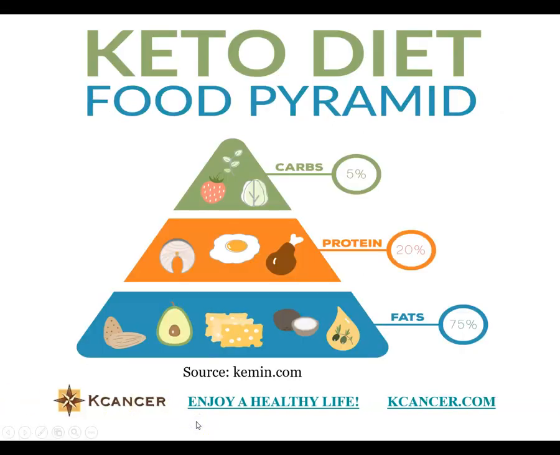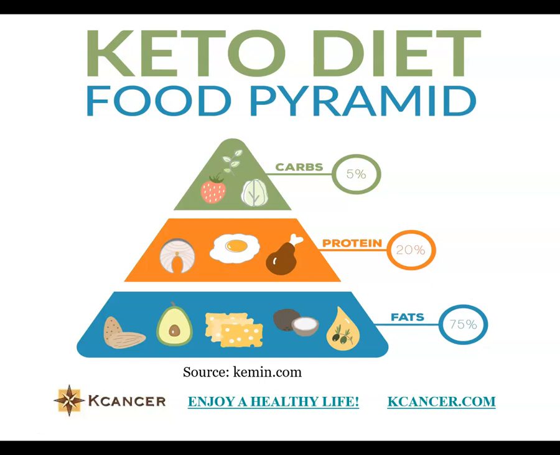The keto diet is a diet that has a very special structure. We know that in our nutrition, there are three major components: carbohydrate, or carbs, protein, and fat. In a normal diet, we don't calculate this kind of special composition.